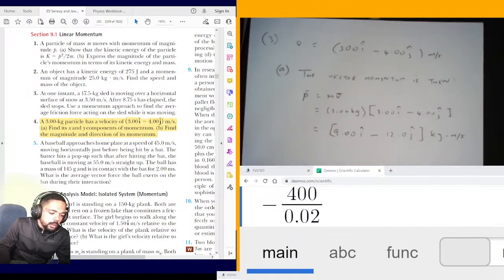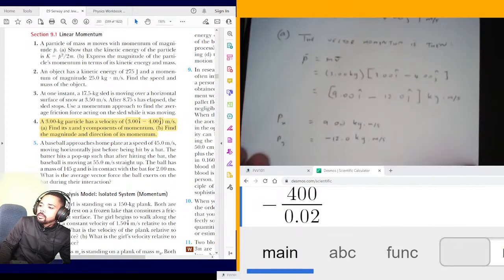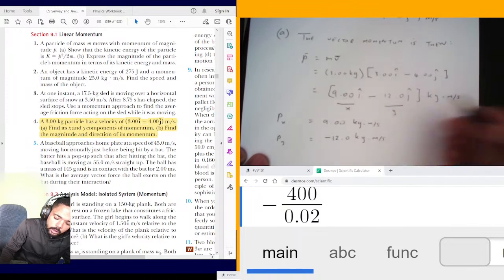There we have the momentum. So the x component of momentum is 9 kilogram meters per second, and the y component is negative 12 kilogram meters per second.